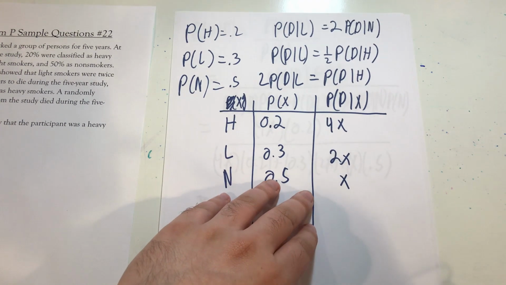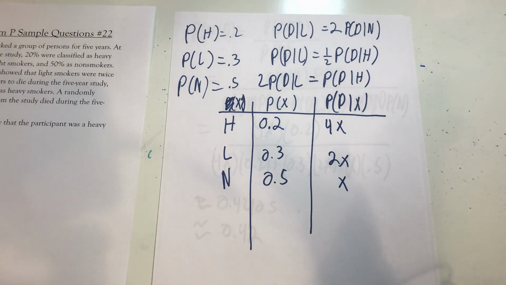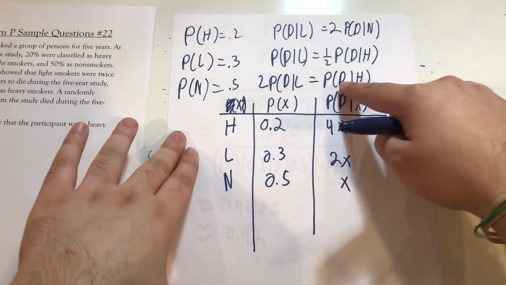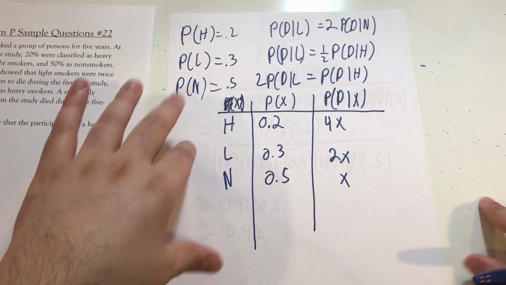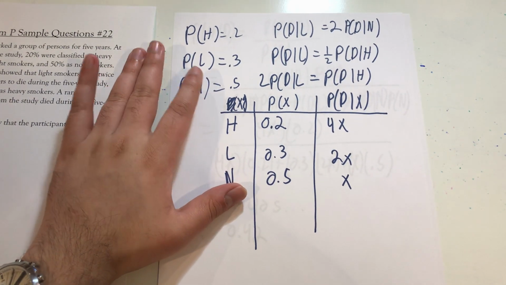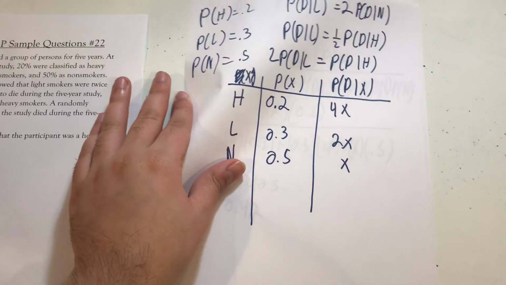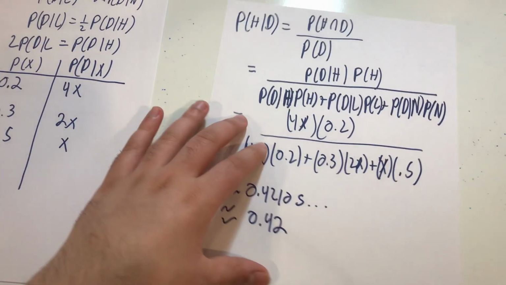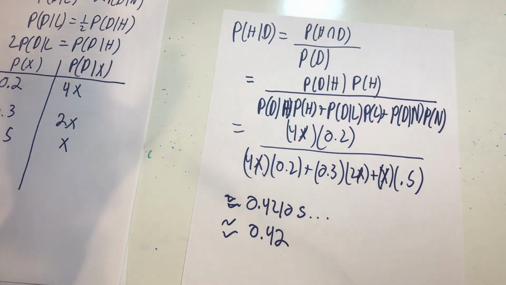And then the conditional probability. What are we talking about in this group? The probability of dying, given that you're a certain type of smoker, was this last column. Once I set up the equation for Bayes' theorem, that easily allowed me to just grab those values.